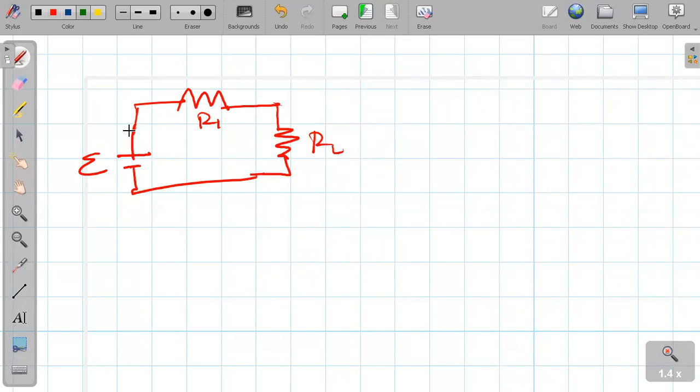What would be my current direction? This one is the current. I is consistent because it's the only path. Only path means all the electrons have to travel across all these points, so the current is constant. It's one cell. So the voltage drop is this one, V1, and the second voltage drop is this one, V2.